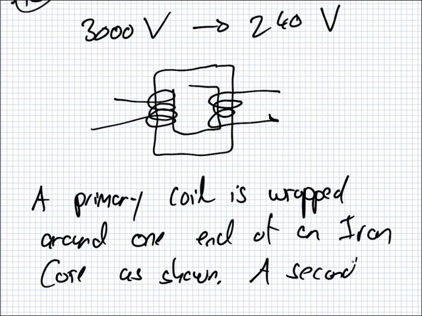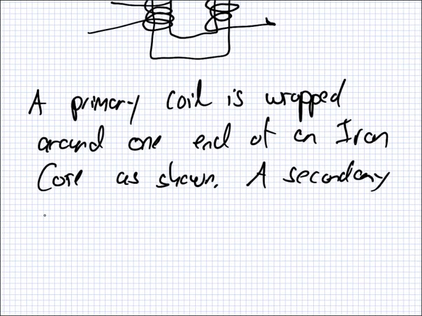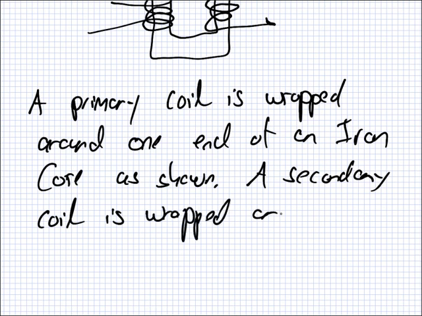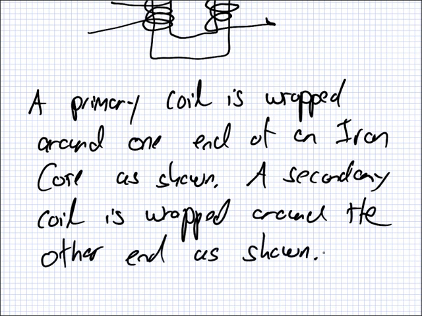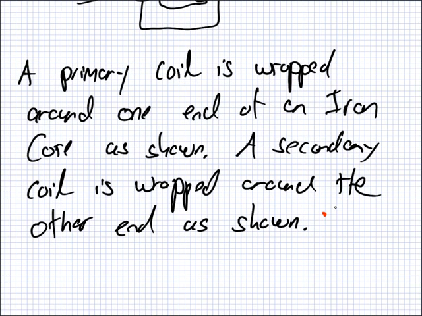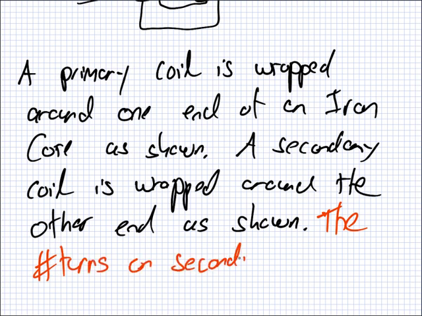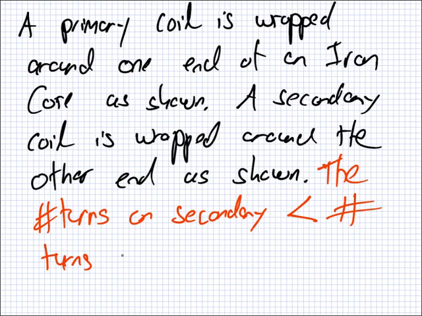A secondary coil is wrapped around the other end as shown. We have to draw. I think it would be good. The number of turns on the secondary is less than the number of turns on the primary.